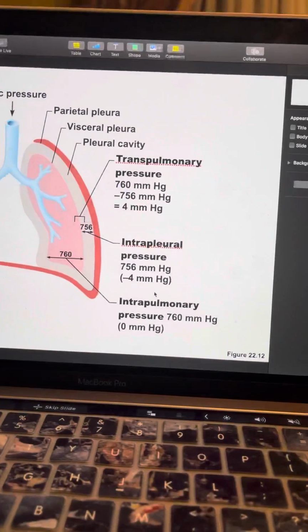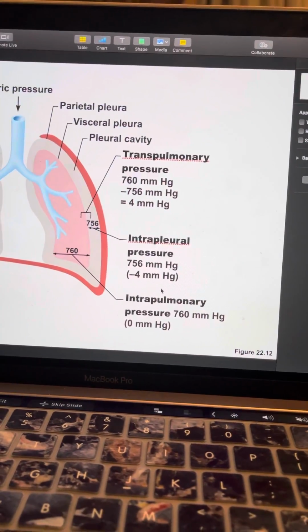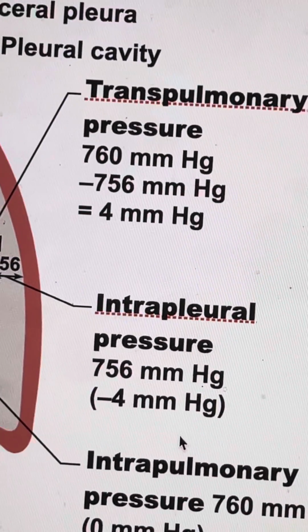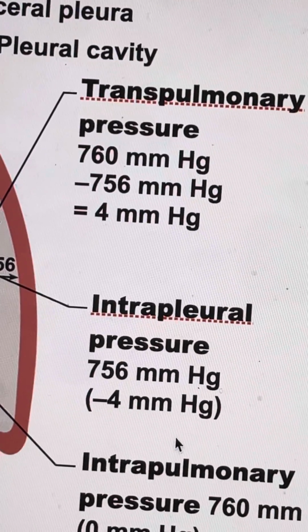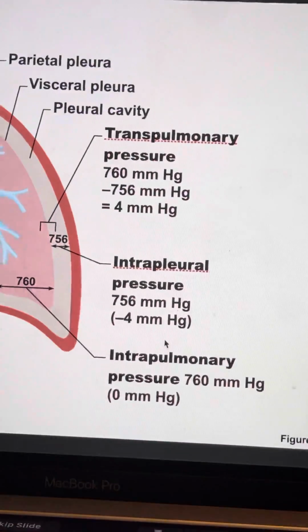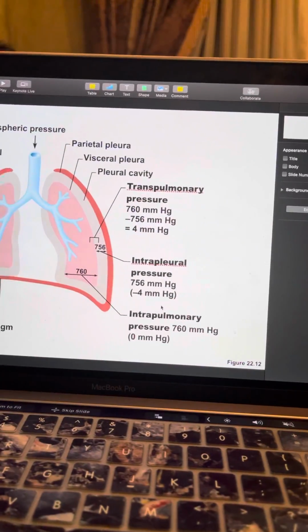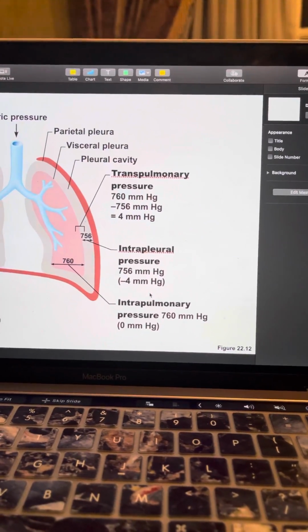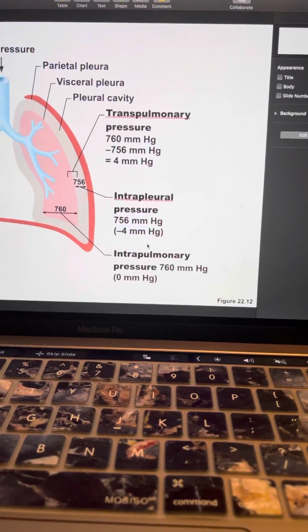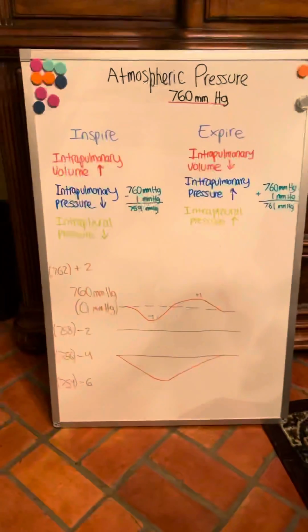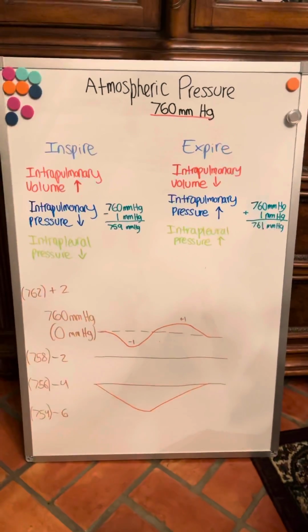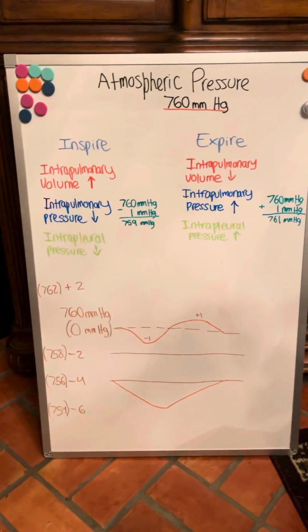So just remember, transpulmonary pressure always has to remain a constant 4 millimeters of mercury difference, because if that is not constant, then your lungs will collapse. So moving on. We've defined all of our terms, and now how it all relates to inspiring and expiring.